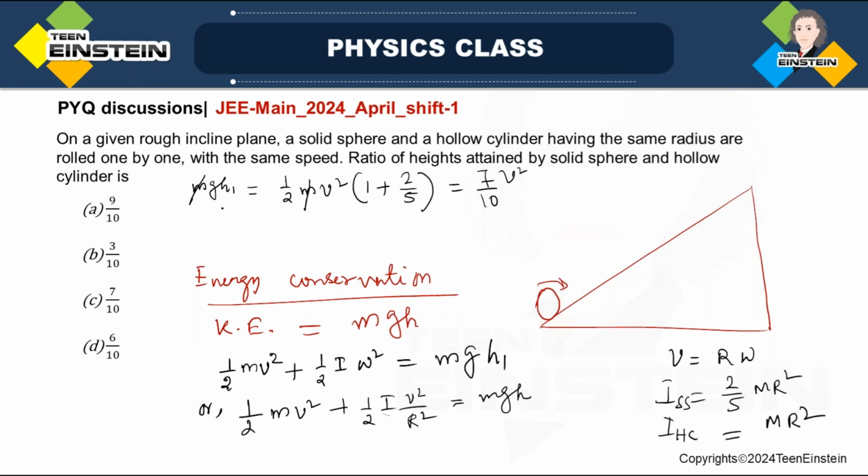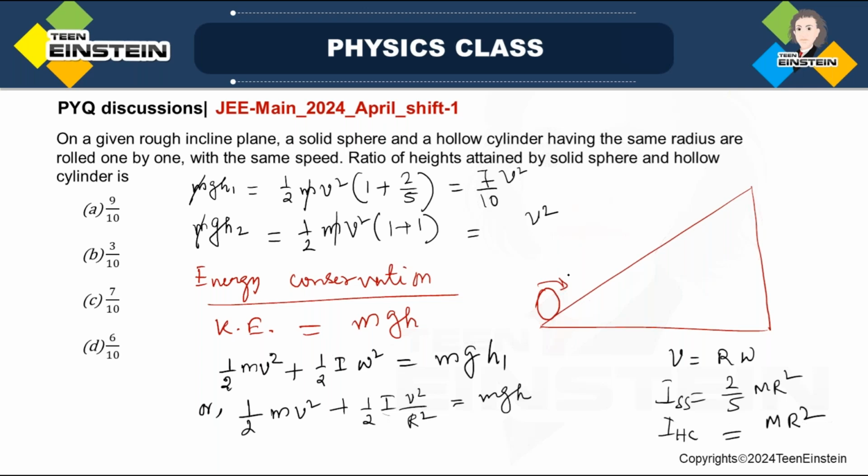Similarly, using this formula I can do it for cylinder. This is half m v square times 1 plus m r square by r square, r square will cancel out, so this will be 1 only. Let us cancel m from both sides. So this will be only v square.